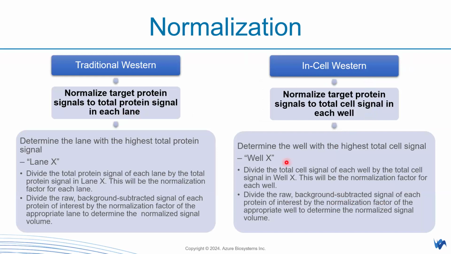So we call it well number X. I will not go into details about the calculation, but basically it's the same normalization technique as in Western blot. You normalize against the housekeeping or the total cell stains, and that is the normalized value of your target proteins.